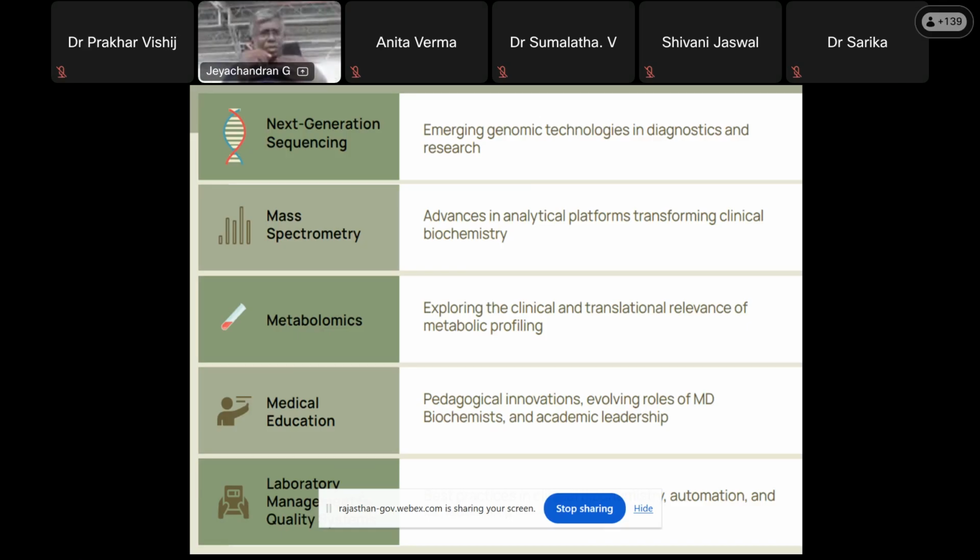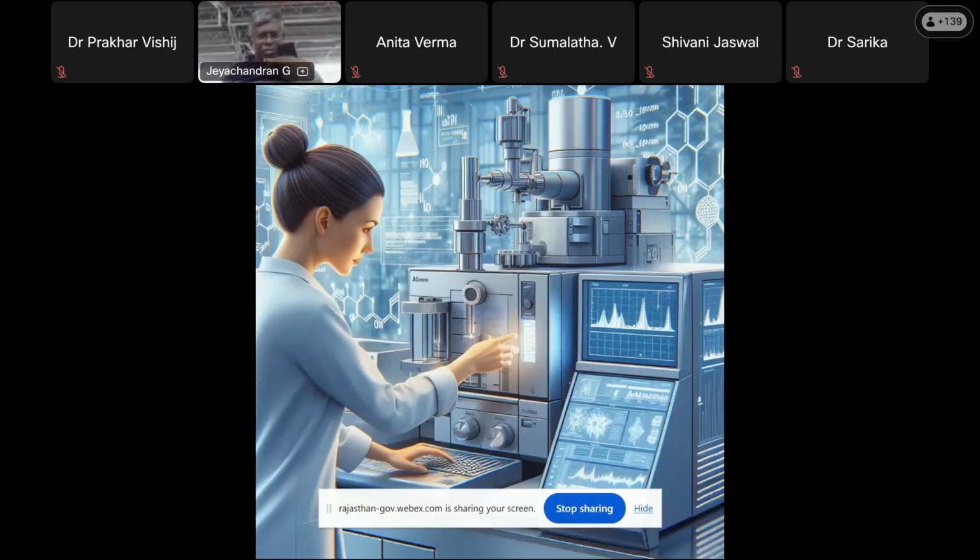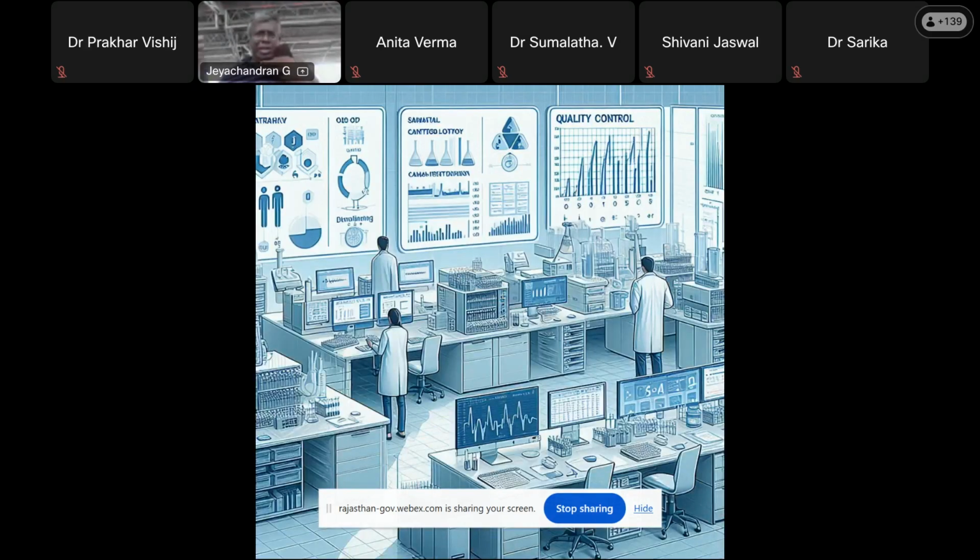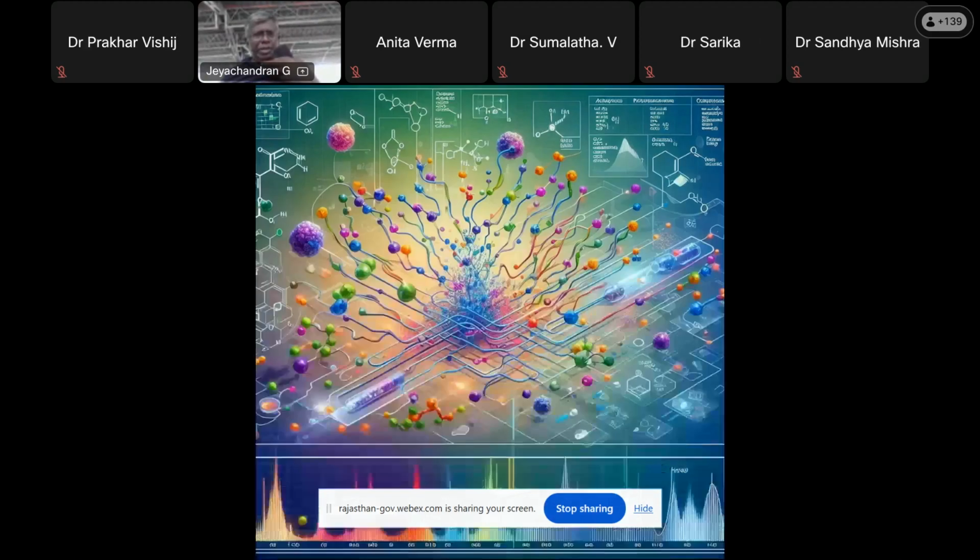We have a SCIEX mass spectrometry machine in our own college, and outside we have a Waters instrument. We are arranging workshops in both. For lab management, we have total laboratory automation in our college, and 2-3 nearby places also have total lab automation, where we can demonstrate it.